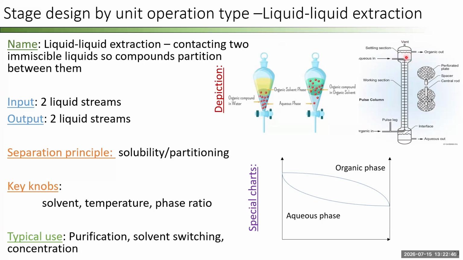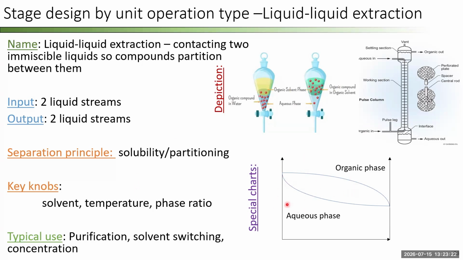Those settling tanks are where the two liquids fully separate from each other. And then I pull off from the very top of my organic settling section and the very bottom of my aqueous settling section to minimize any cross-contamination of those two fluids. So each of these individual plates acts as a whole stage for one of these separations.